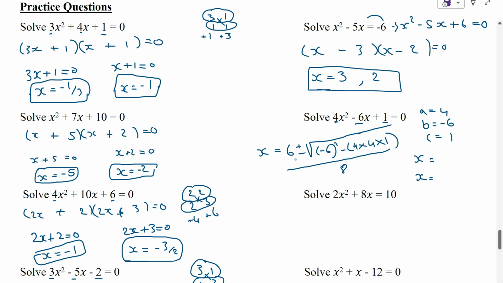So let's input this into our calculator. Again, starting off with a plus sign, and then for the second value of x, we change the plus for a minus. So just as shown here, let's input that into our calculator.